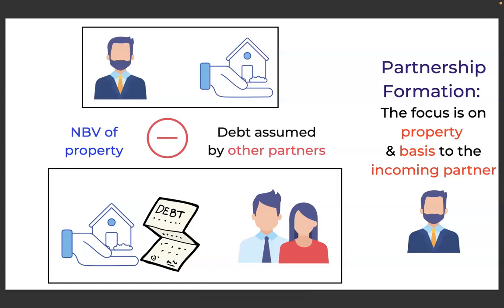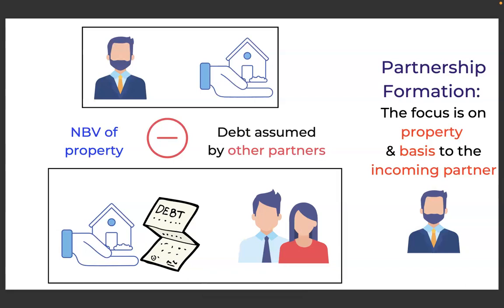When you're thinking about basis to a partnership, you're zeroing your focus on the basis to the partner, not the partnership, not the entity. And when you're thinking about the basis to a corporation, you're zeroing your focus on the basis to the entity, the corporation. And like we said, greater of the net book value or the total debt assumed.